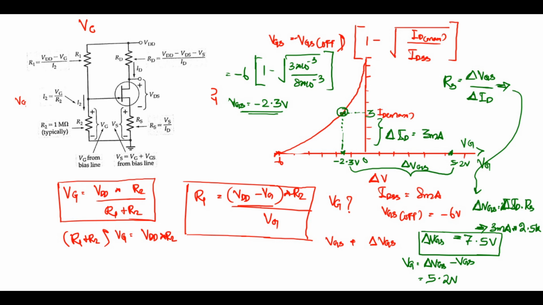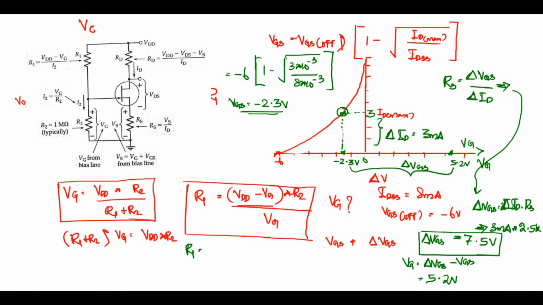But ultimately what we need here is VG to calculate R1. We have VDD and we have now VG also. So you can now calculate R1, that is equal to, what is VDD in your case?